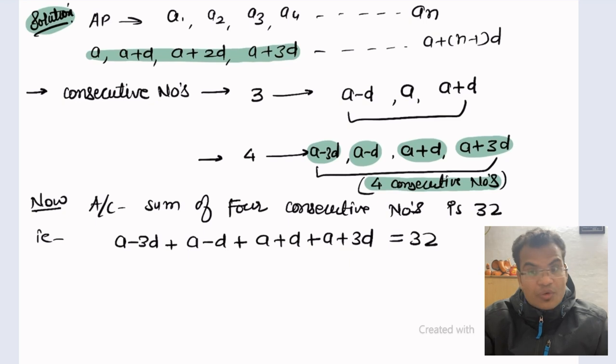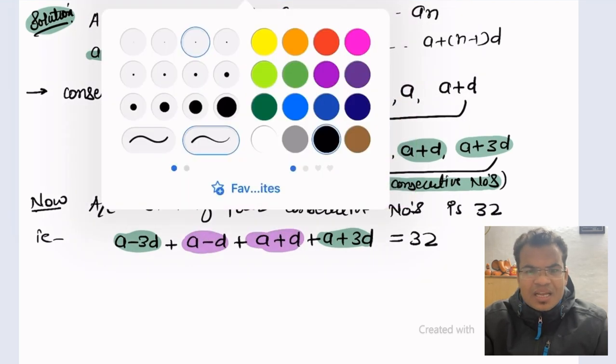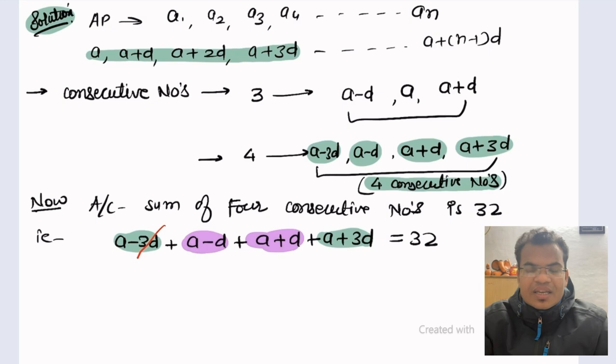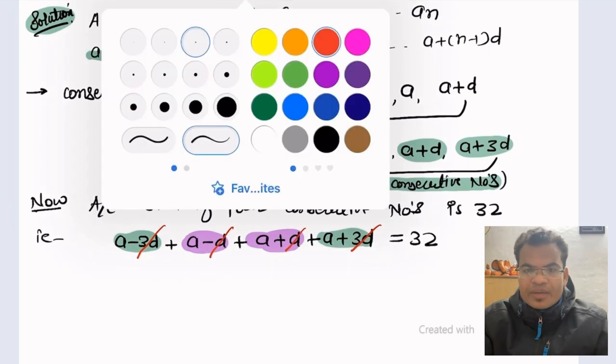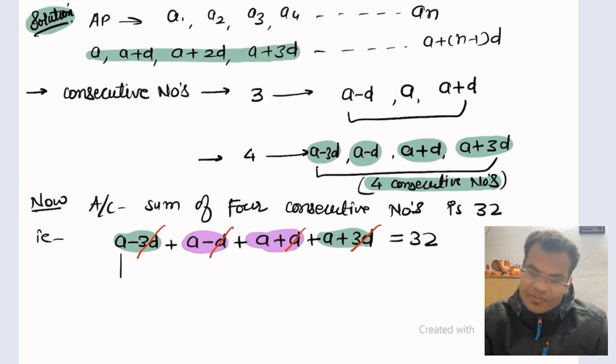So you understood why we take these numbers, because here 3d and minus 3d cancel, d and minus d cancel. So something cancels here, and two variables come down to one variable, so we can find the answer.